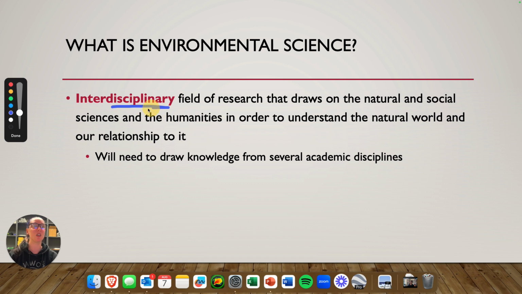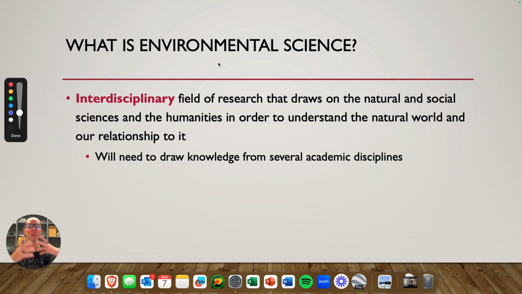So that's a particular discipline. Maybe you are in communications or accounting or business management or childcare. Whatever your discipline is, that's what that means, right? And then this inter part simply means multiple. So interdisciplinary simply means multiple disciplines working together to figure out what is going on, especially in this case when we're talking about the environment.